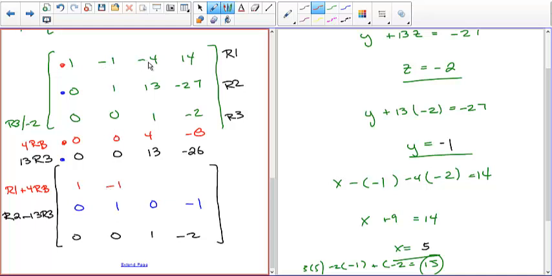Negative 4 plus 4 is 0. 14 plus negative 8 is negative 22. 14 plus, see, we're in R1 plus 4 R3. So that's going to be 6.